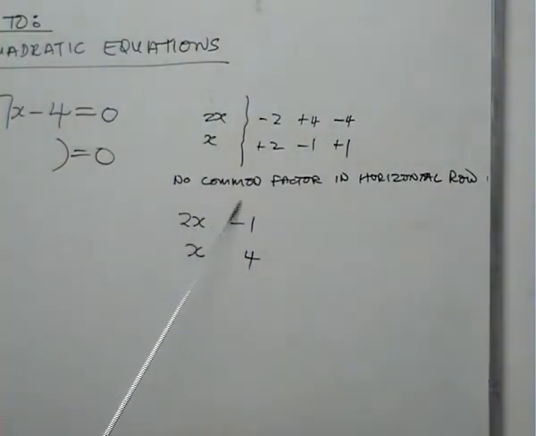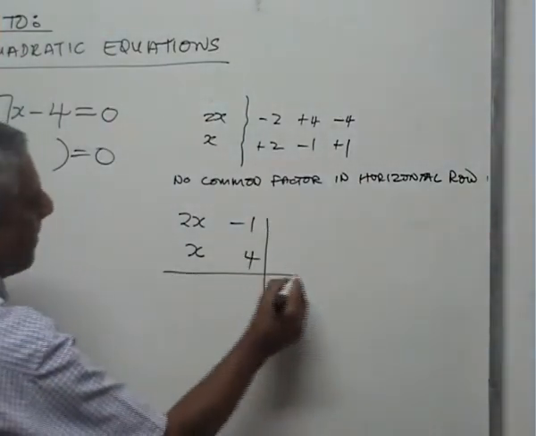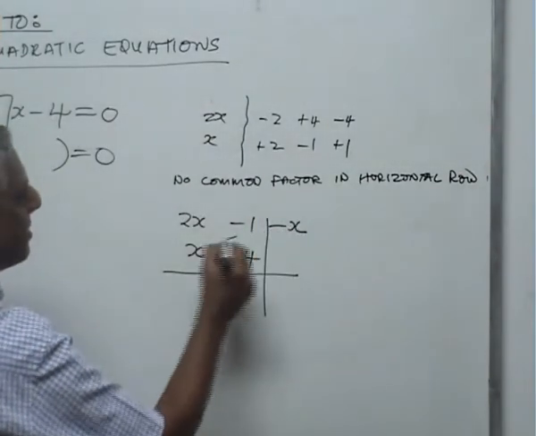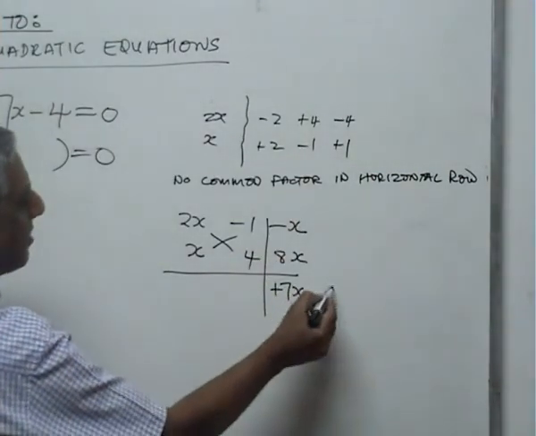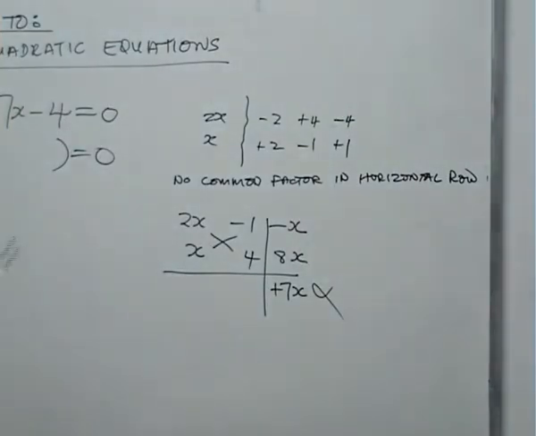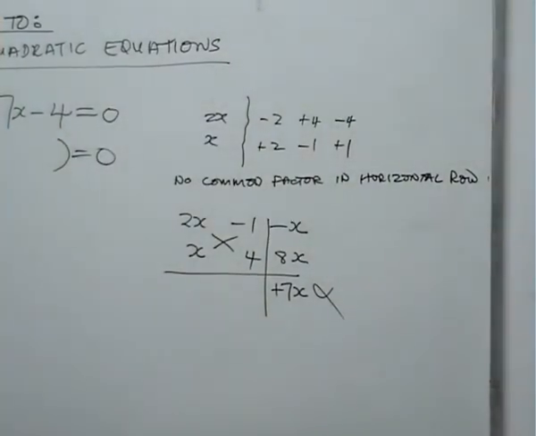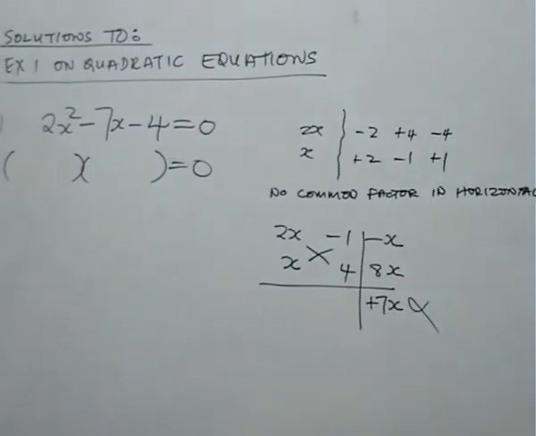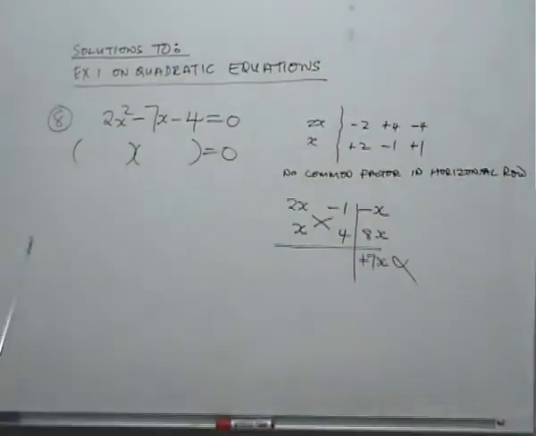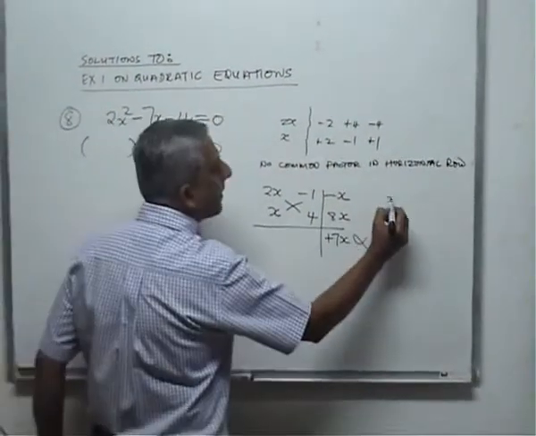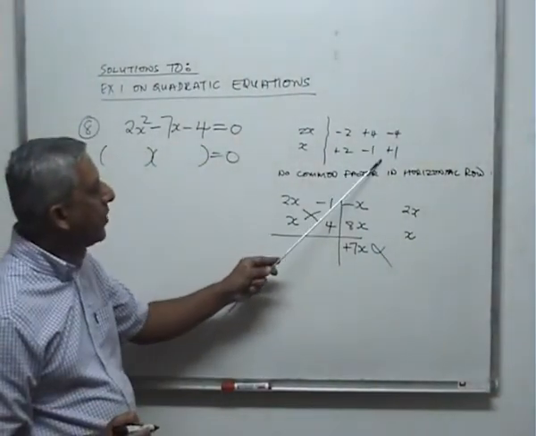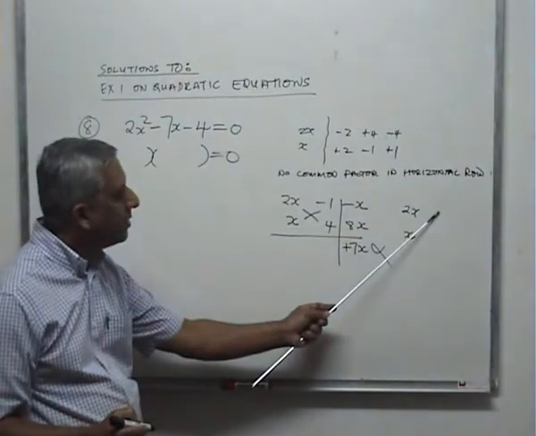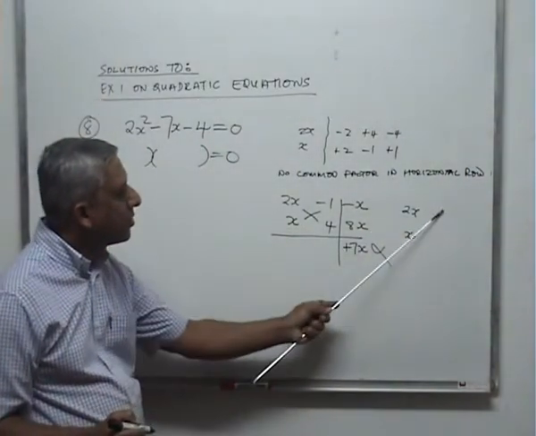Now you see there's no common factor in the horizontal rows. And if I test this, that will give me minus x, that will give me 8x, and I end up with plus 7x, and I say, well, that's a wrong choice, because I'm looking for minus 7x. So that was the wrong choice. So I take the next one, which is 2x and x, and I got minus 4 and 1, but I can't write minus 4 here, because then I'll have common factors in a horizontal row.